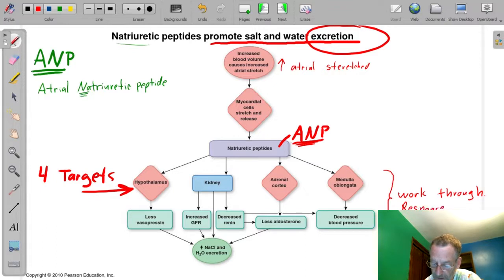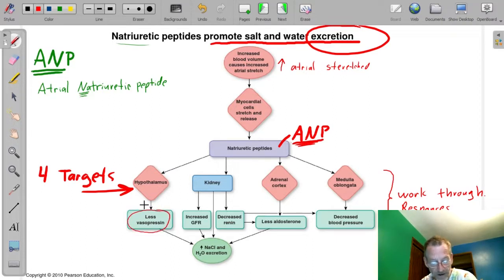Let's take a couple of them. Here's the ANP. It's released. We have high blood volume, which goes to the hypothalamus. There are ANP receptors on the hypothalamus that bind ANP, and that causes the hypothalamus to release less vasopressin.